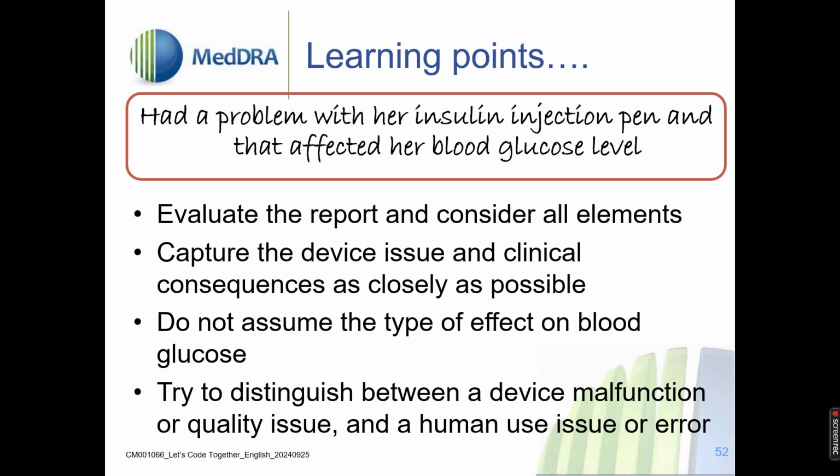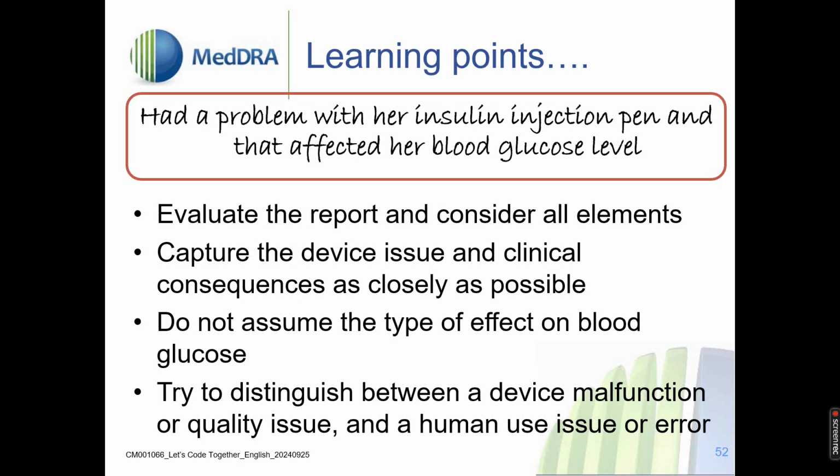That's what we say. Don't assume the effect on the blood glucose. And try to distinguish between a device malfunction or a quality issue and a human issue or error, if you can. Some of you may argue that we can't be clear here, so that's why you preferred the unevaluable device issue.